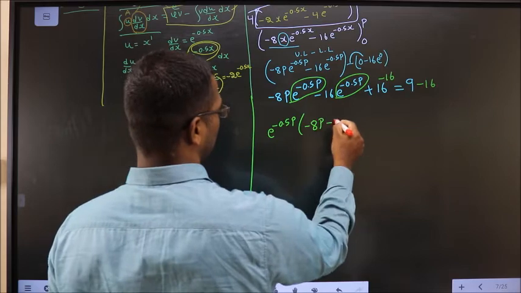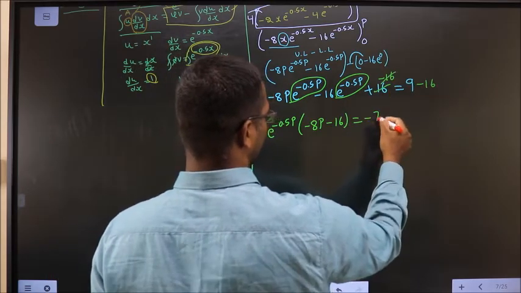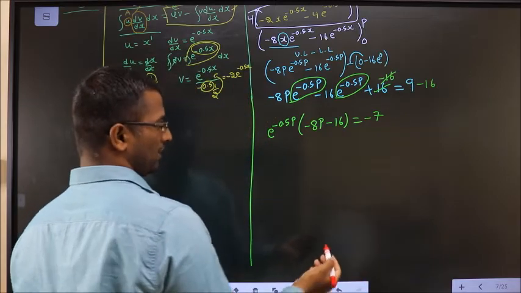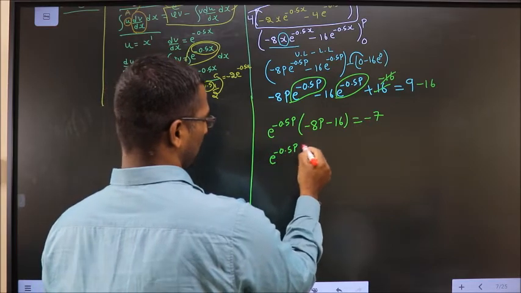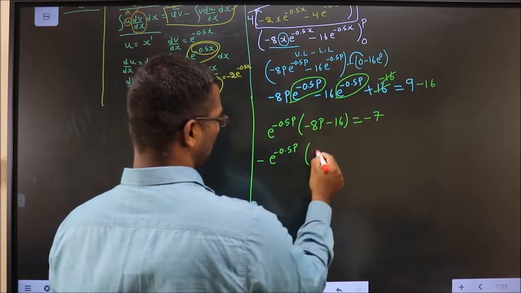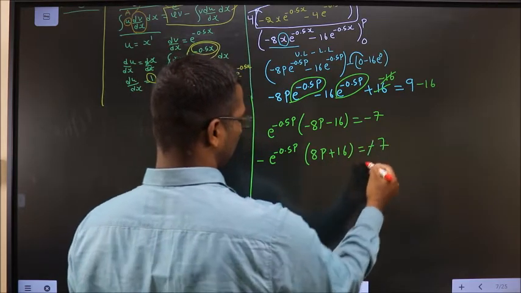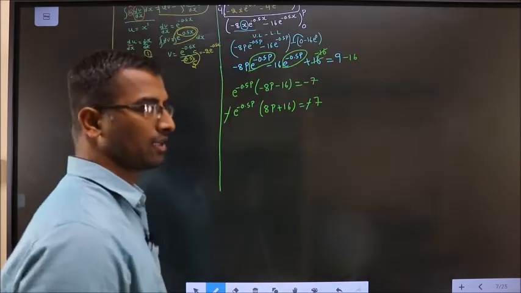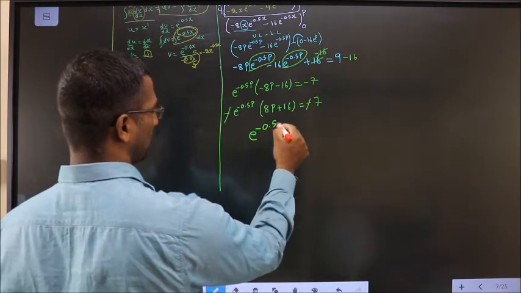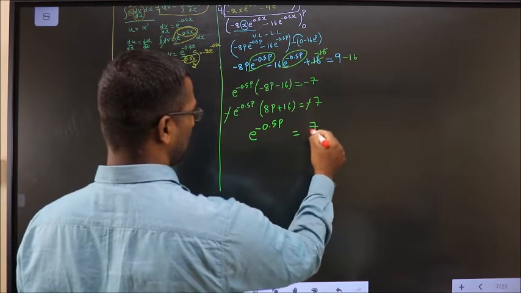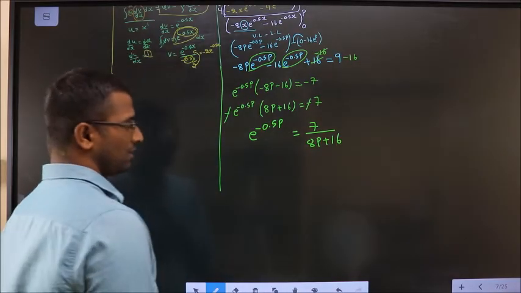Minus 8p minus 16 is equal to, this cancels out, 9 minus 16, which is minus 7. Take minus common here also. If I take minus common outside, I get 8p plus 16 is equal to minus 7, cancel out this 7. Now send the bracket to the other side. So e power minus 0.5 p is equal to 7 by 8p plus 16.